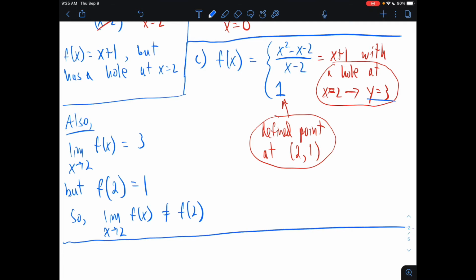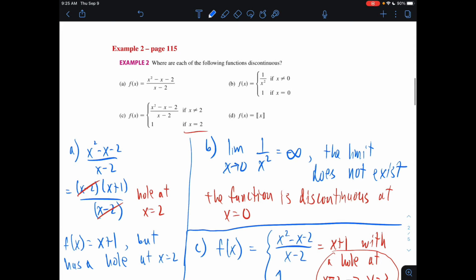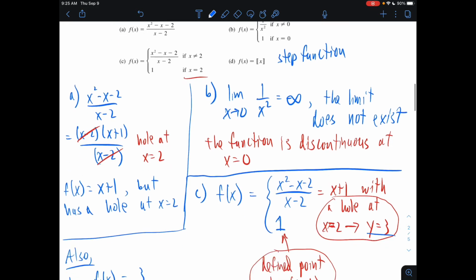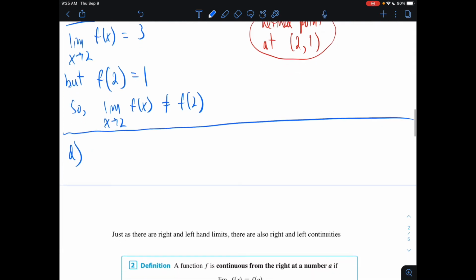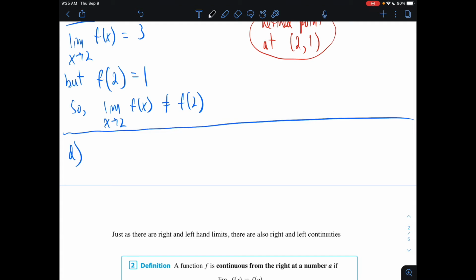The last example is maybe a function we haven't seen before. f of x equals the double square bracket of x, and this really is what's called the step function. If you haven't seen this before, this is actually a good one that we should graph. If we look at a graph of this function, I'll just do it for a few values.